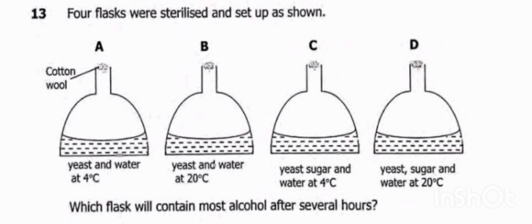Now, glucose is a sugar which is a monosaccharide, and we are saying anaerobic respiration is the breaking down of glucose in the absence of oxygen. So we need to have a sugar, or glucose. Sugar should be present, then yeast, and a temperature of 20 degrees Celsius.